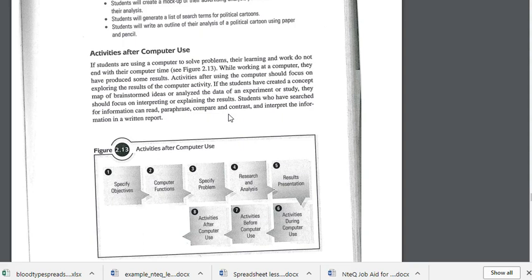But I think this is one of the things that we forget about. We think that their learning has ended after they've used the computer to solve their problems, but it doesn't work that way. We need to remember to go back and have those students physically read through and paraphrase.